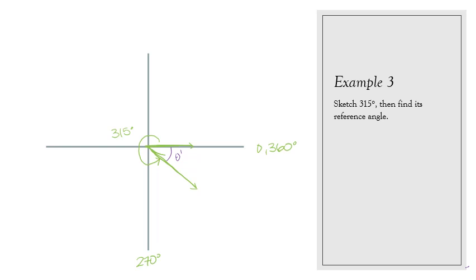So again, I am looking at this and thinking, okay, how many more degrees until I complete that full circle? So what do I need to add to 315 to get to 360? That's again where our formula comes from, 360 minus 315. Turns out here, theta prime will be equal to 45 degrees.